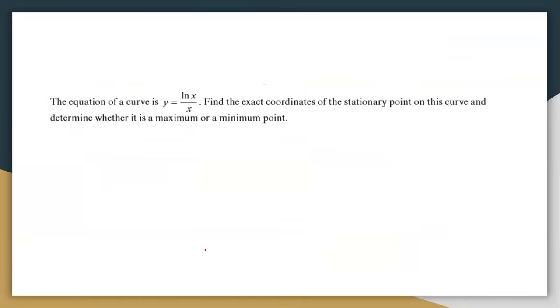Do you want to first try it? Why not? I'm going to give you a few minutes as you try it. At least first get for me your dy/dx.